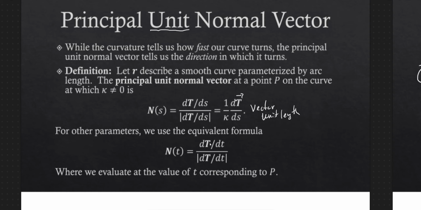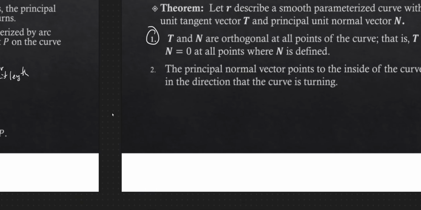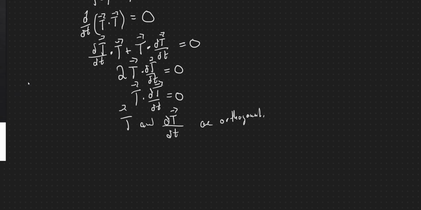So here it's a scalar multiple of dT/dt, which means N is parallel to dT/dt.